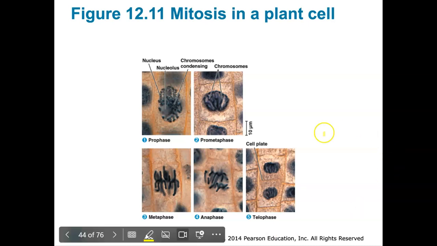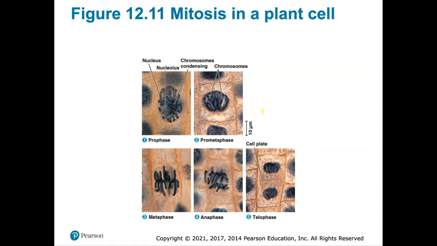And then you've got some images of plant cells in the 5 different stages of mitosis. And this is under a light microscope. Most likely you're going to be able to see cells that look like this in your mitosis lab, in your lab kit activity.